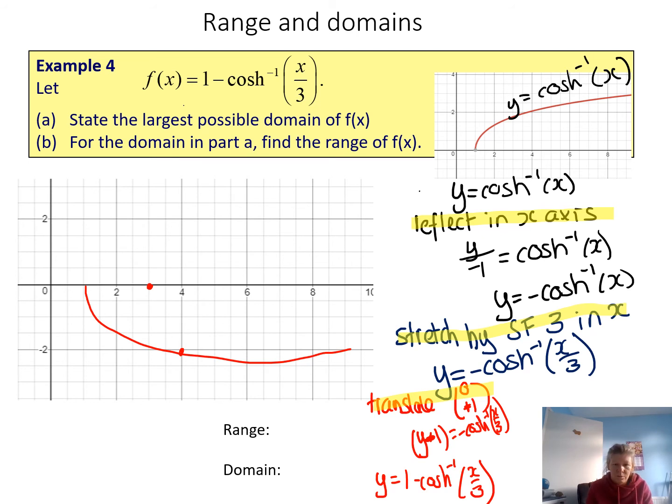It's getting a bit thinner really. And then we move it up 1 in the y, so it would start there and go.